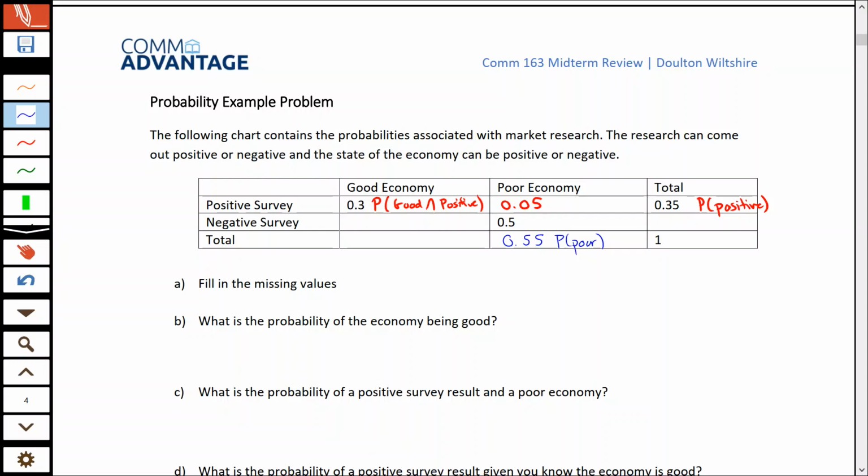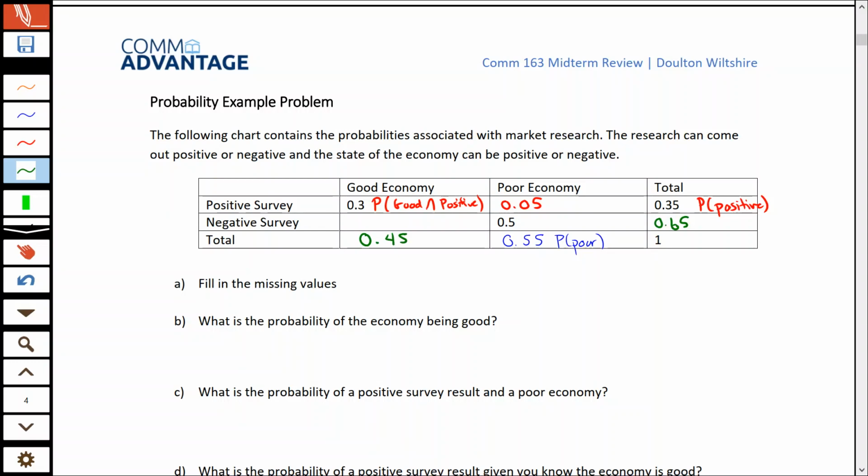This means that the probability of a negative survey, we know that our column here has to sum to 1. We know that our row here has to sum to 1. So this is going to tell us that the chance of getting a negative survey is going to be 0.65, because 0.35 and 0.65 add to 1, and that for a good economy, that is going to be 0.45.